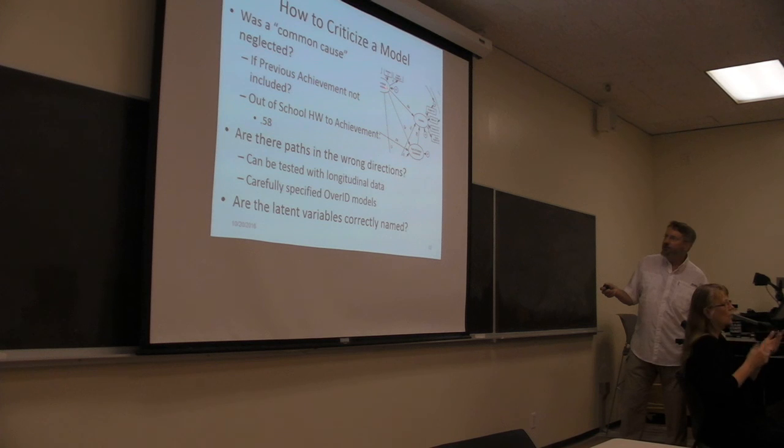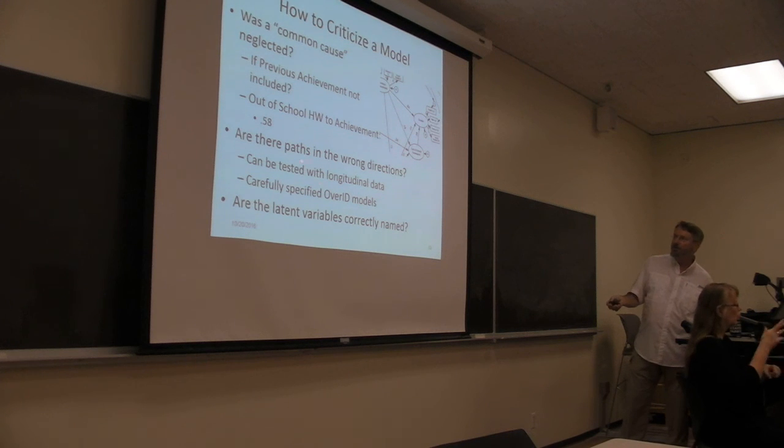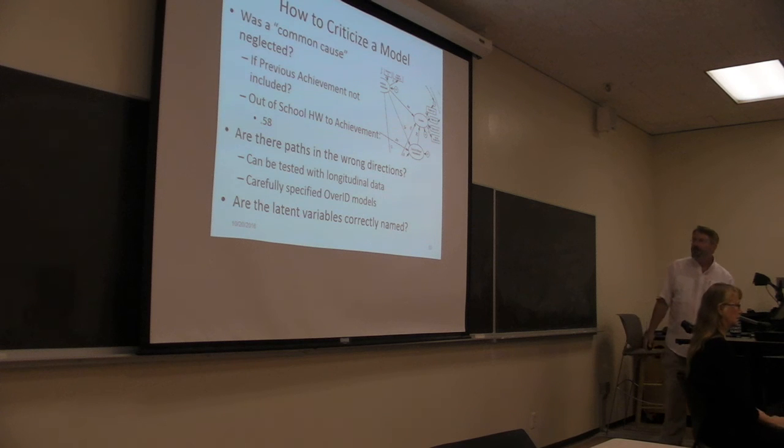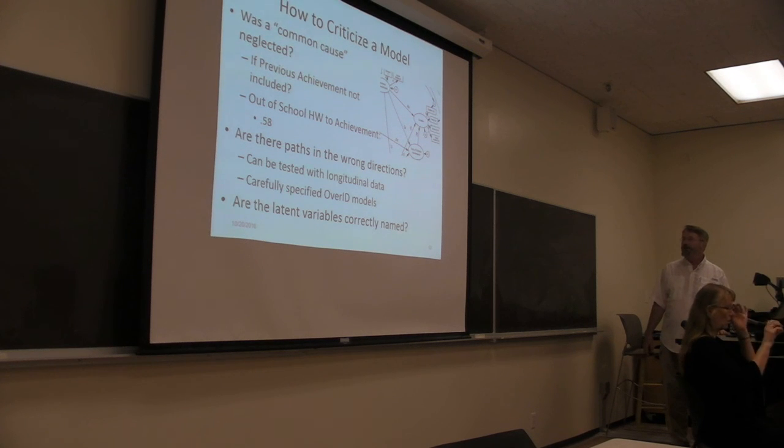What would happen if we had not included it in the model? If I had not included previous achievement in this model, then the estimate of the effect of out-of-school homework on grades would be 0.58 instead of 0.28. So neglecting a common cause changes the estimates of the effect.